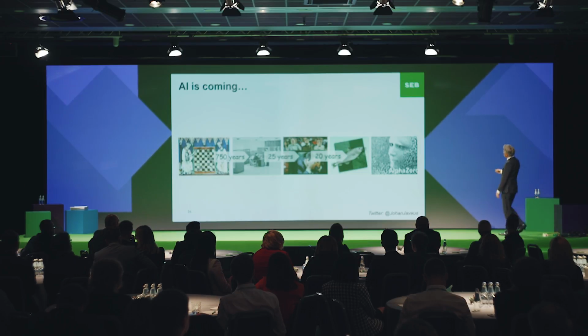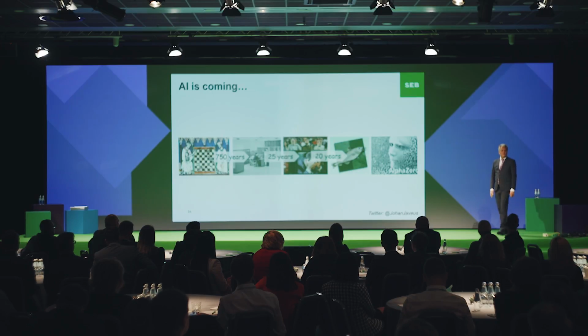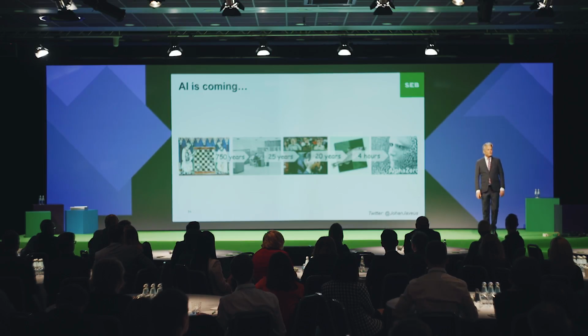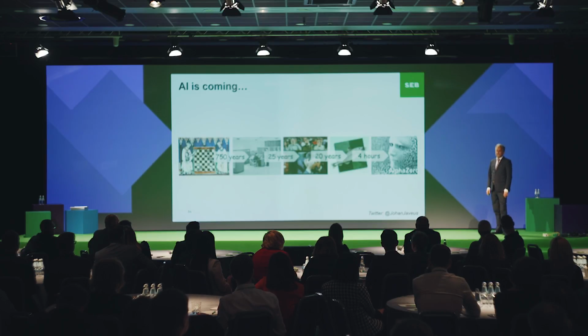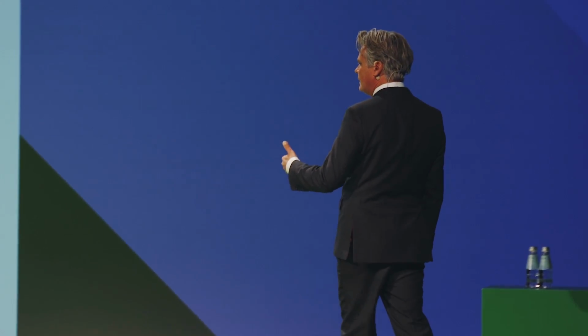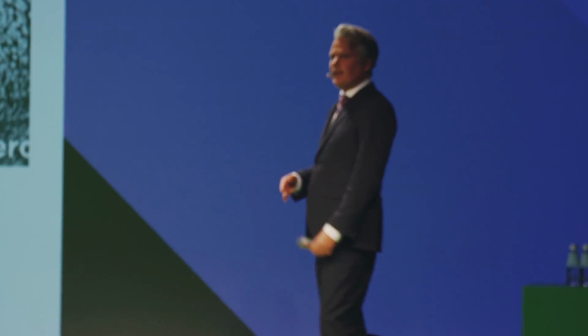So, how long do you think it took for AlphaZero to beat Stockfish? 4 hours. From knowing nothing about chess, only the rules, to beating the best chess program in the world. It's like if I had come in the morning knowing nothing about chess, and just before lunch I would be the reigning world champion.